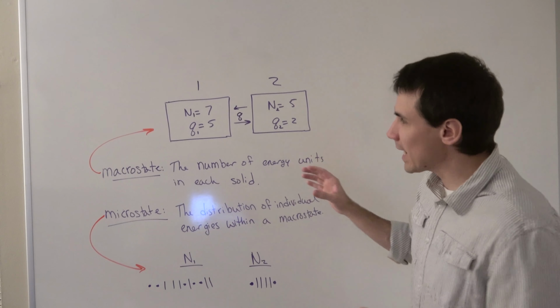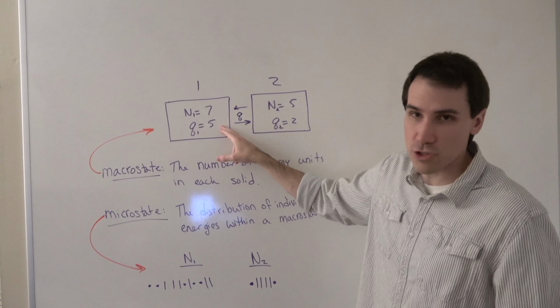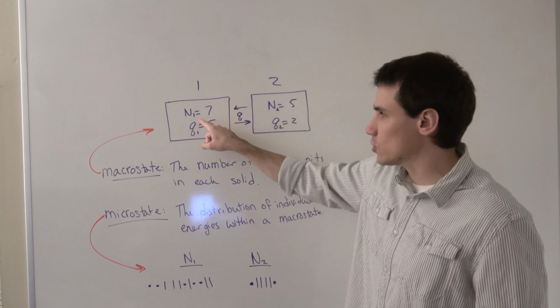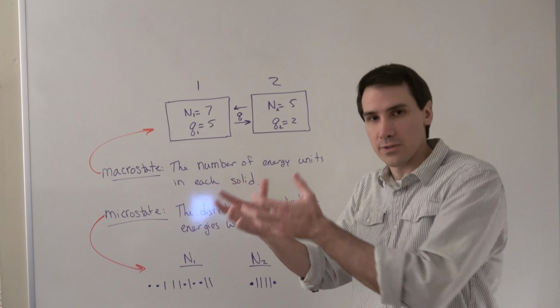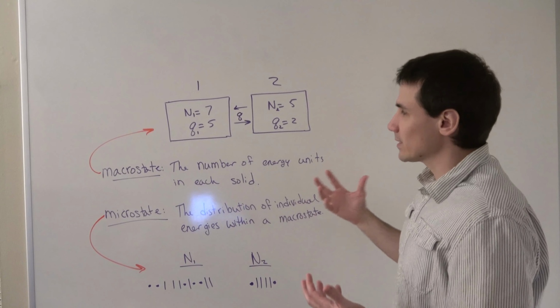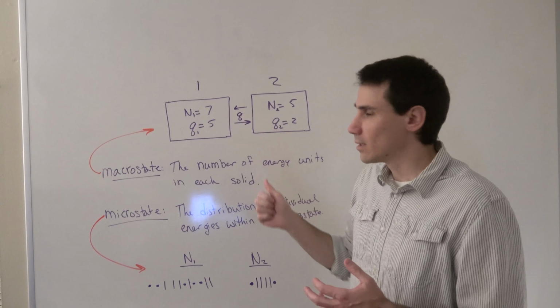So the macro state is the number of energy units in each of these 2. We assume that they can't change numbers. That is, that this one has 7 oscillators, 7 atoms in it, and this one has 5 atoms in it. But I would like to know the most likely distribution of Q in between.